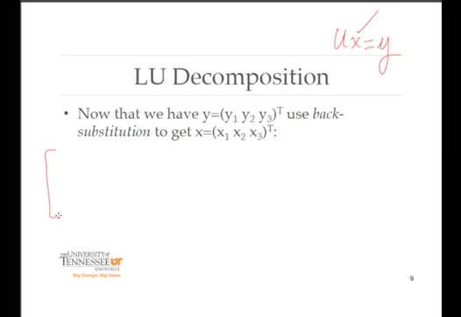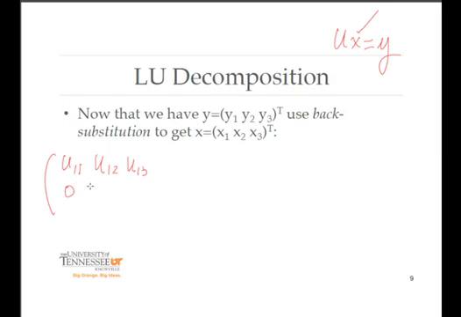We're solving Ux equals y for a 3 by 3. So let's represent the components of the matrix. Again, we're going across the first row. Then we go representing again our upper triangular matrix.